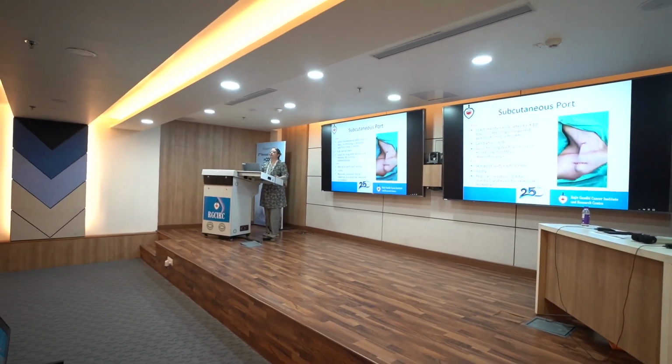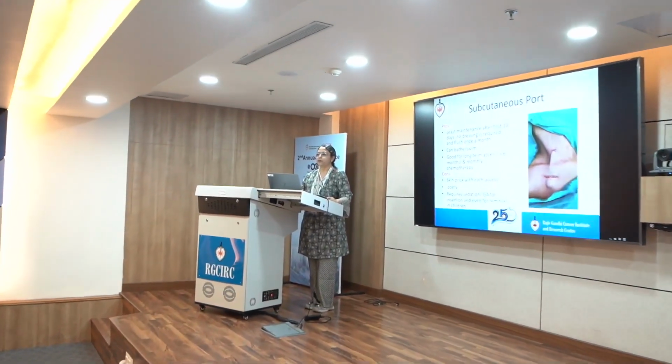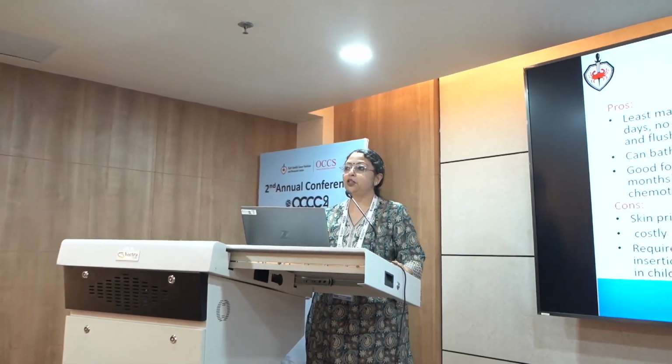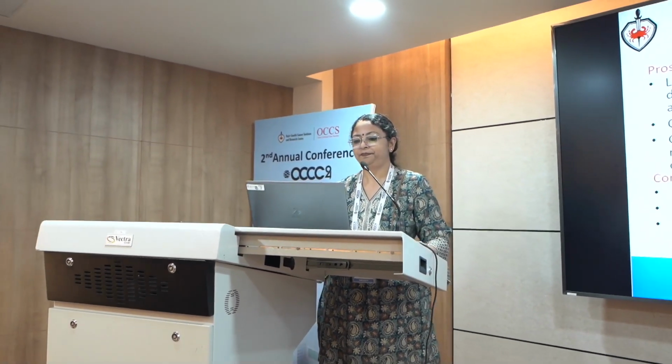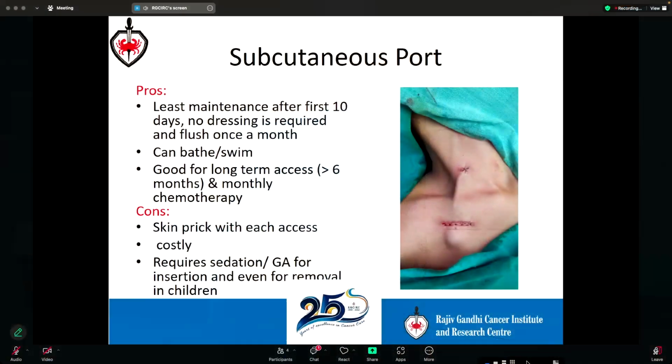Advantages: very minimal care. You need to flush it only once a month, whereas a PICC line we had to flush every week, and sometimes in children twice a week, every 3 to 4 days. After the first few days, the wound is healed and the patient can bathe.